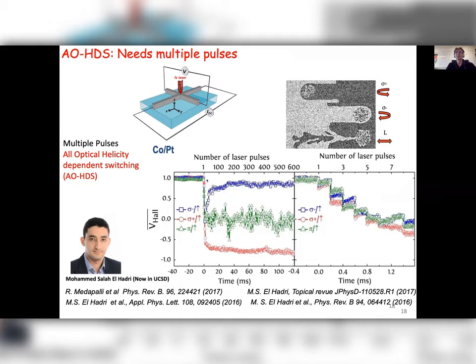But what was surprising is that if we zoomed in, at the beginning for the first pulses, it seems that the system is demagnetizing and that it's independent of the helicity. And you clearly see that it needs many pulses to switch.